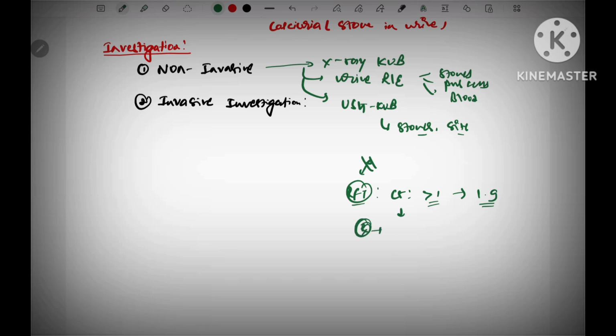Should we give NSAID? No, we can't give NSAID, because NSAID can cause nephrotoxic injury and it can aggravate this AKI, it can aggravate this creatinine level.